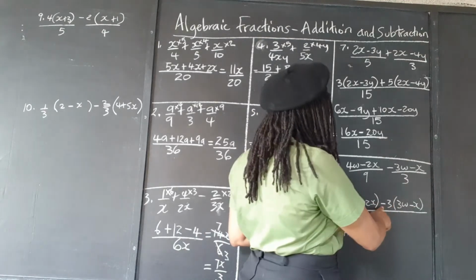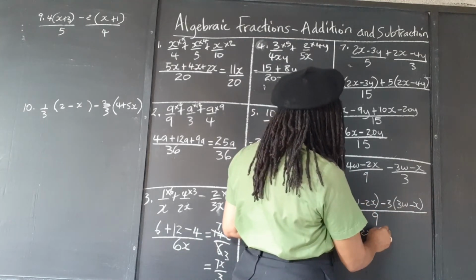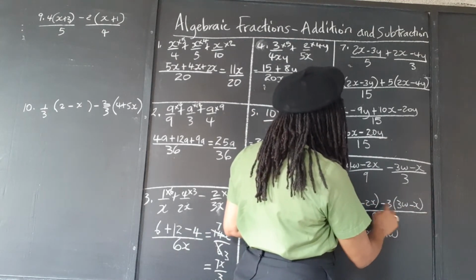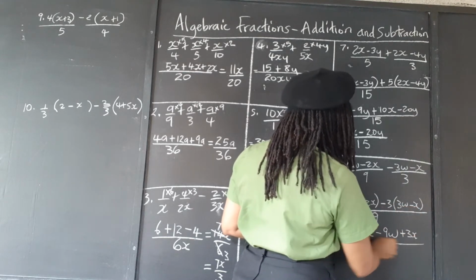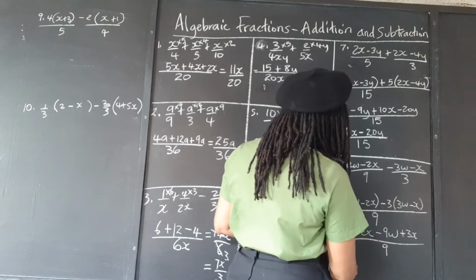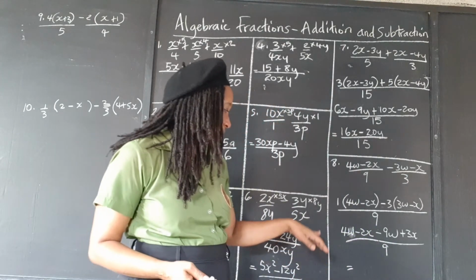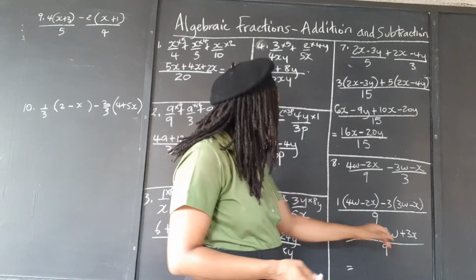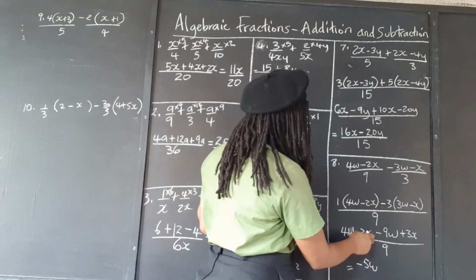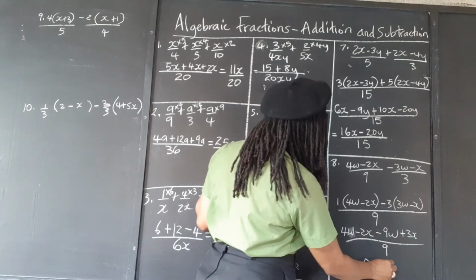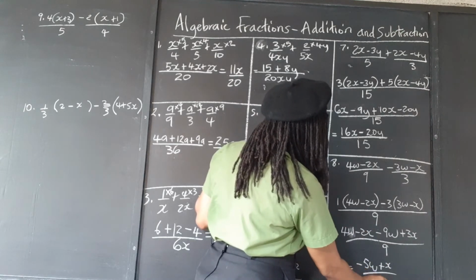So negative 3 times negative 3, that's a positive 9, and negative 3 times negative x is positive 3x all over 9. So grouping our like terms, 4w minus 9w, that's negative 5w. Negative 2x plus 3x is a positive x over 9.